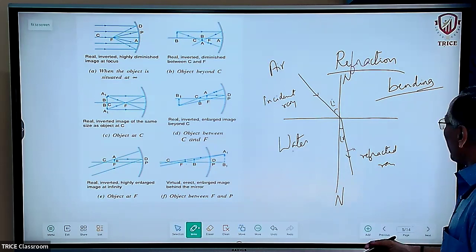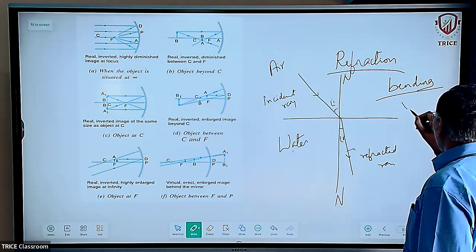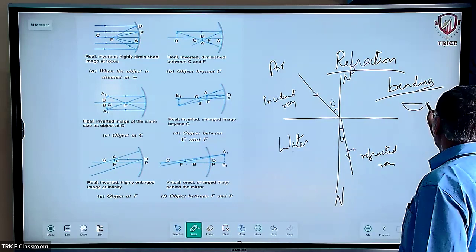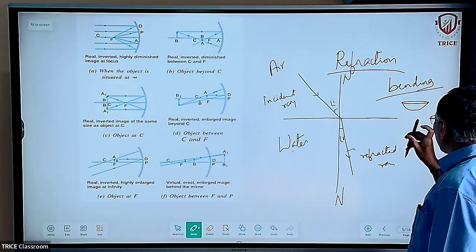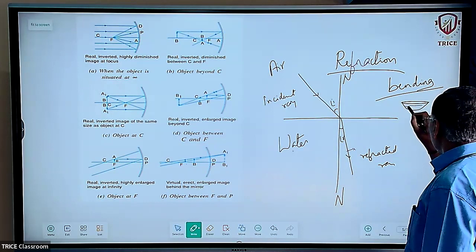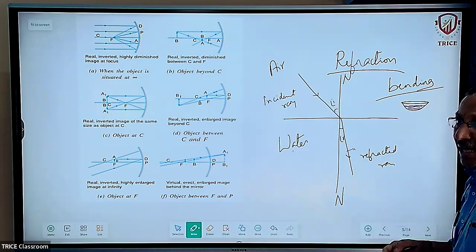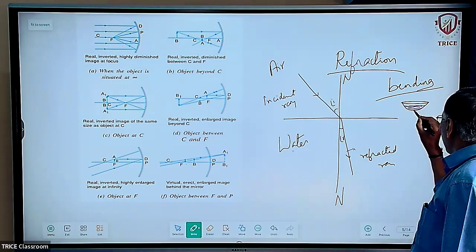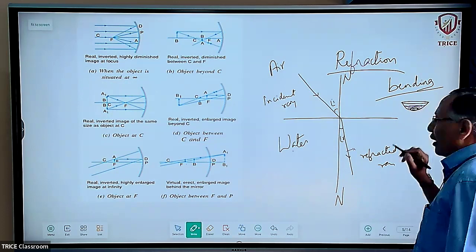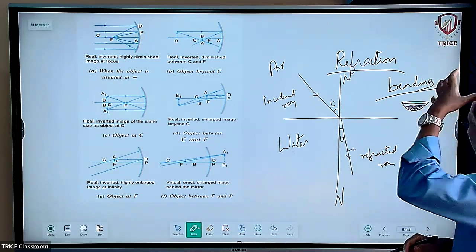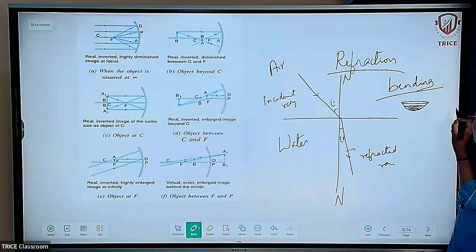Another simple example I'll give you. Take a glass bowl, fill it half with water, and in that bowl keep a coin, a 1 rupee coin or 2 rupee coin, and observe it from the side.